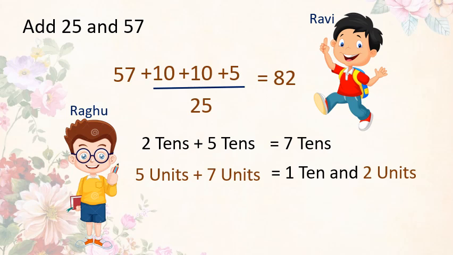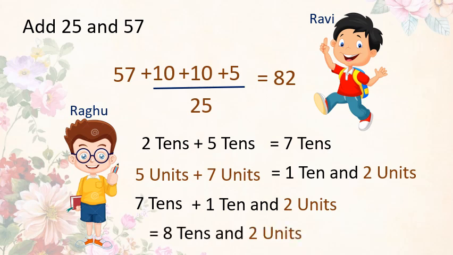Right. Now what will he do next? Okay, he is going to add the answers. So 7 tens plus 1 ten and 2 units. So what is the answer? 7 tens plus 1 ten is equal to 8 tens. And 2 units is nothing but 82. Yes. Correct?